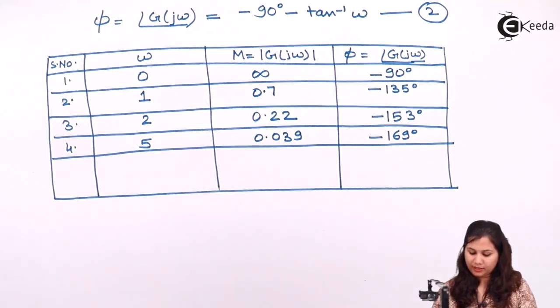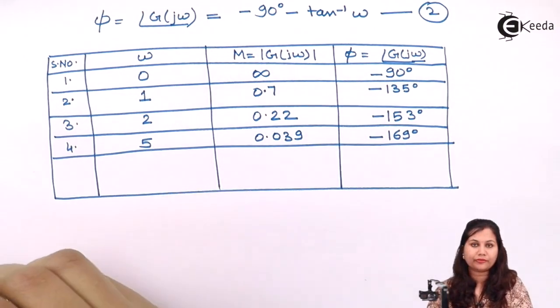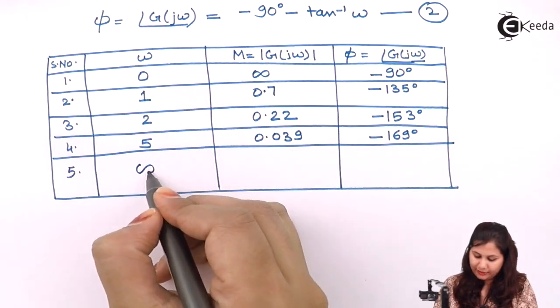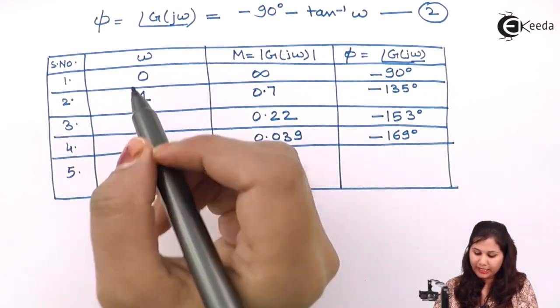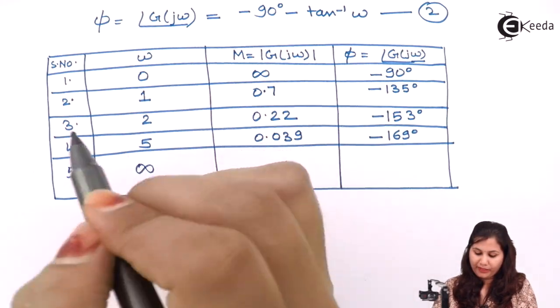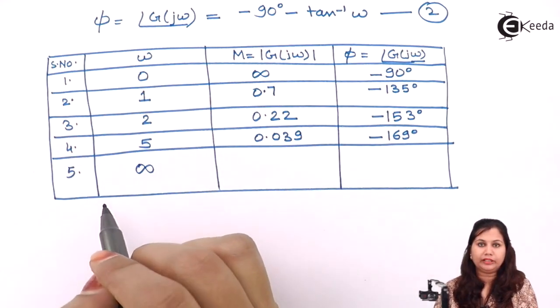So now taking another value of omega. This time take omega as infinity, because for sketching the polar plot, we have to vary the value of omega from 0 to infinity.